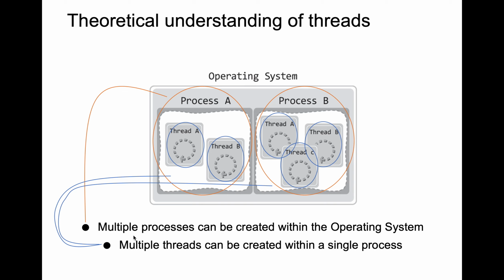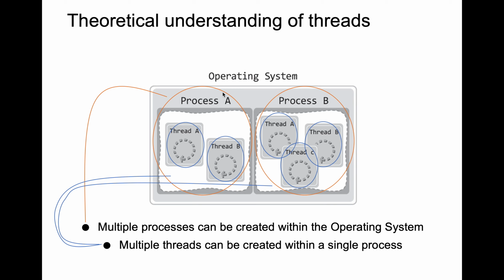And when you say to the operating system, please create a thread within my process, what you will see is the block will not be extended anymore, the process will not be created anymore, but within that process, small lightweight threads will be created.